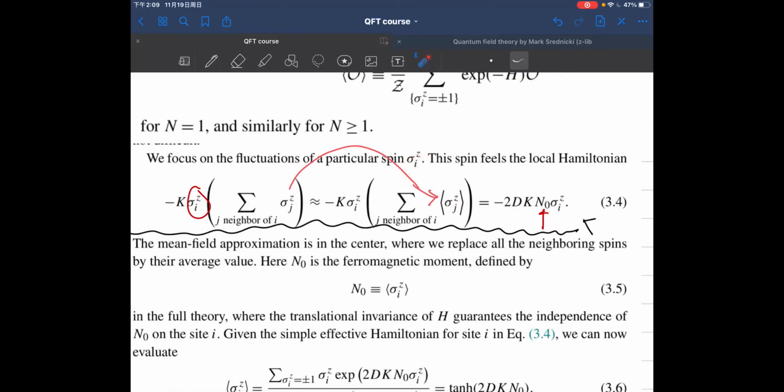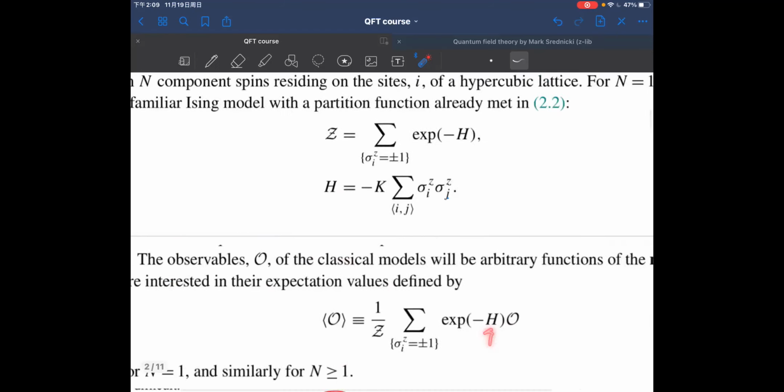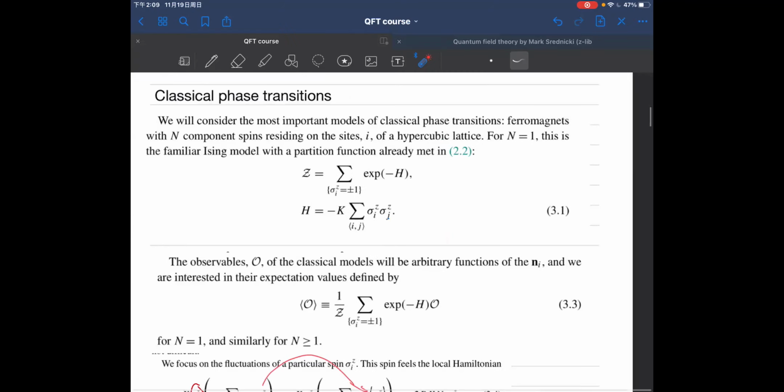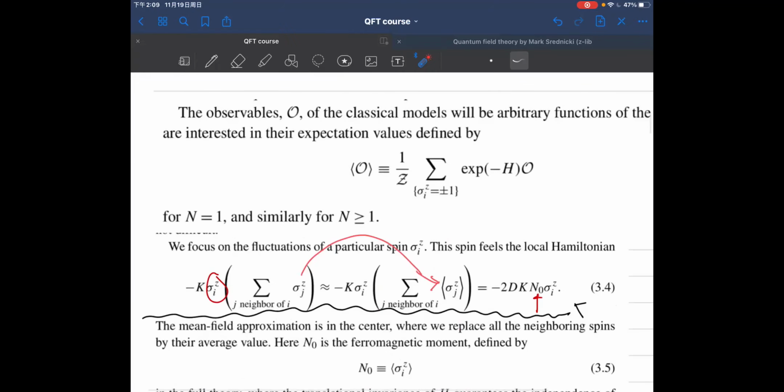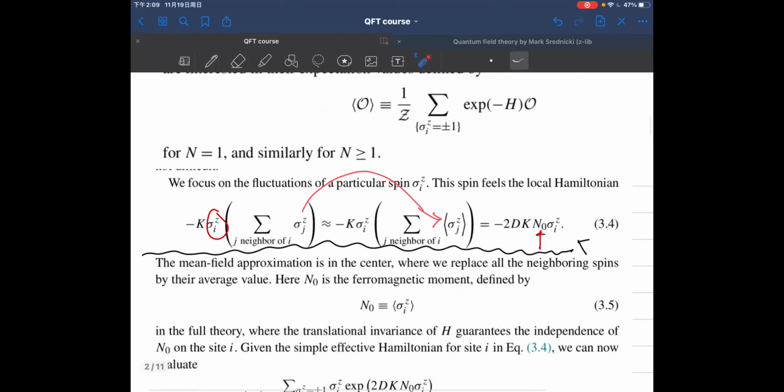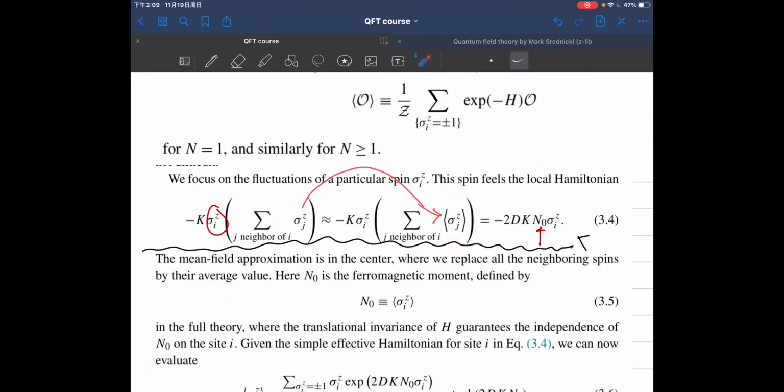In the Hamiltonian, your neighbors sigma_j have some effect on you. If we use a mean field to represent it, it means that every site i feels the same effect from its neighbors. Then we just denote it as a constant.